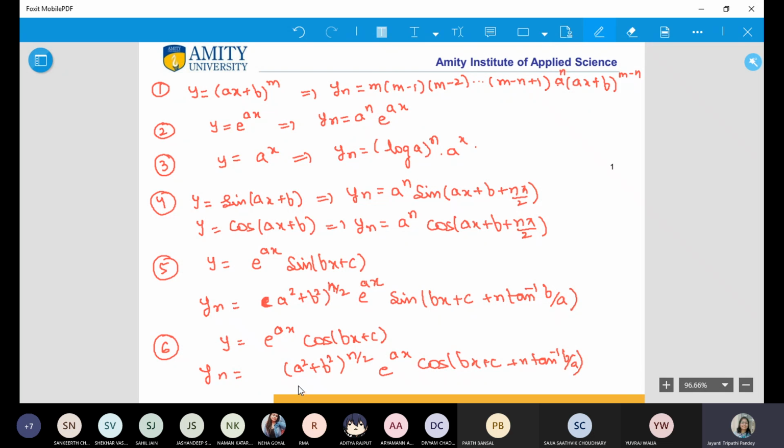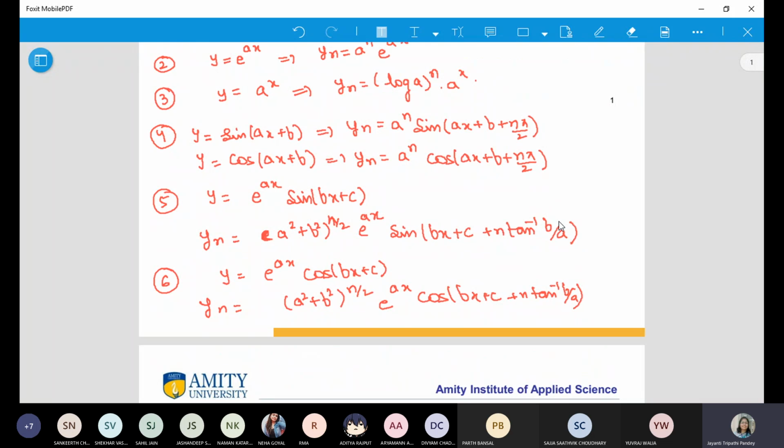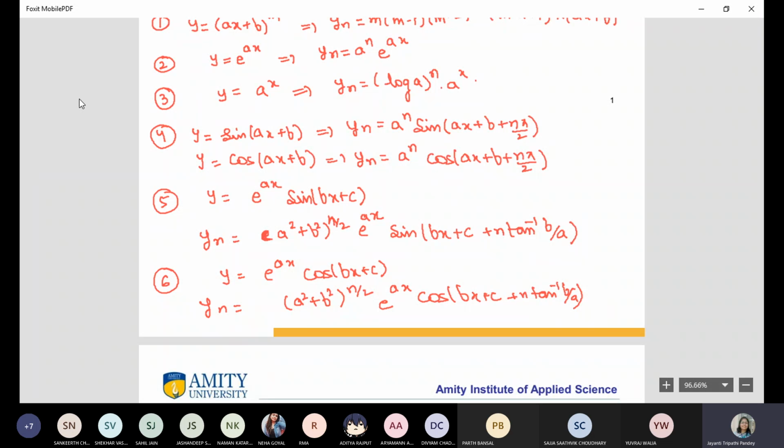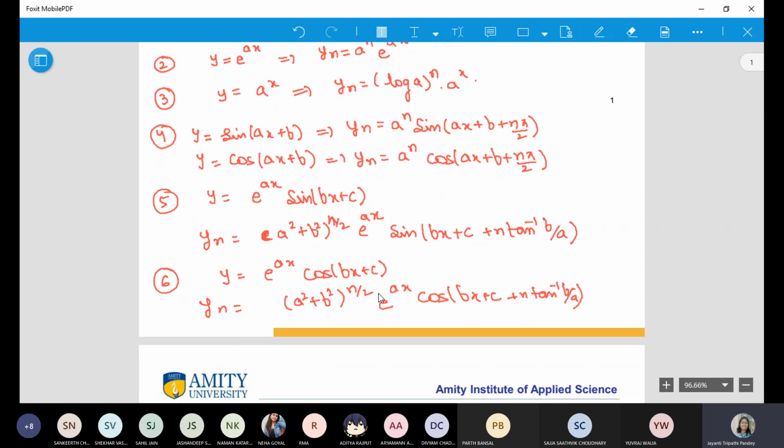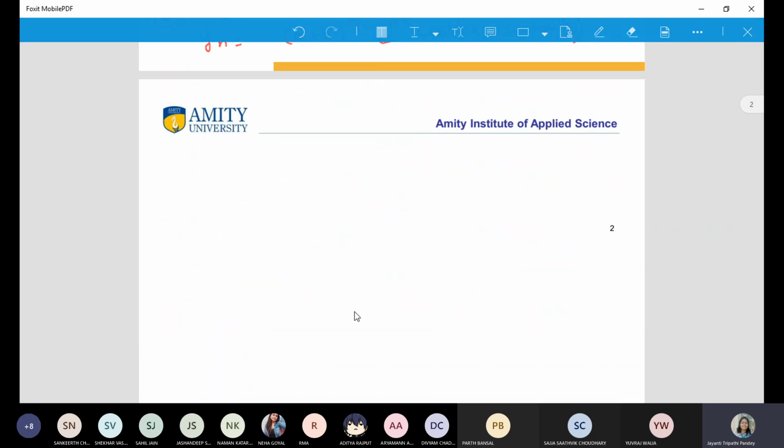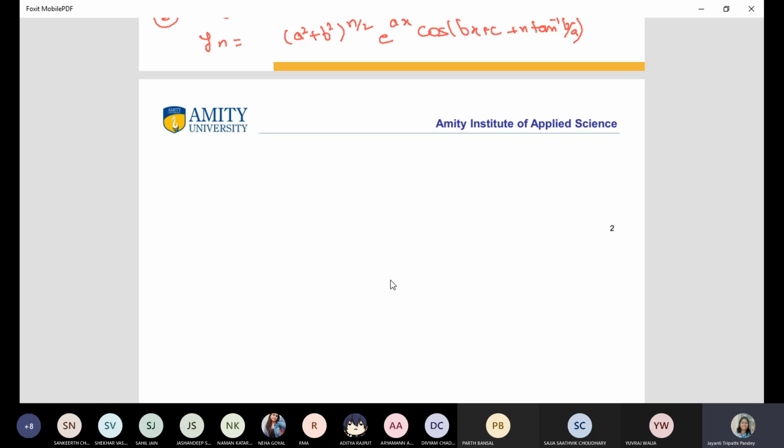All right. Now today we will start solving the questions based on it. Everybody has kept the formula in front of them. Let's try and use it to solve some questions, and then we will proceed to the next part.